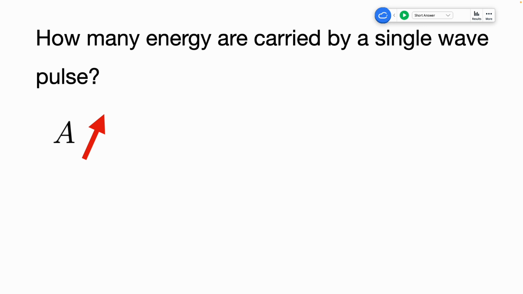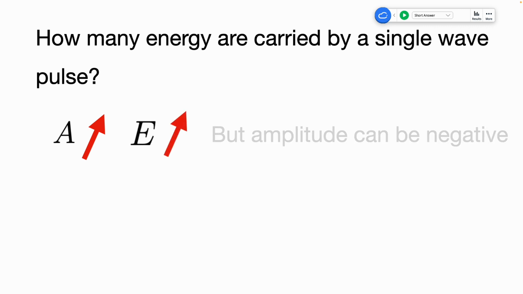We know that if the amplitude is bigger, it should create more energy because the phenomenon is just more obvious. If it carries energy, and the bigger the amplitude, the bigger the wave, then it should carry more energy. But we just learned that amplitude can be negative.